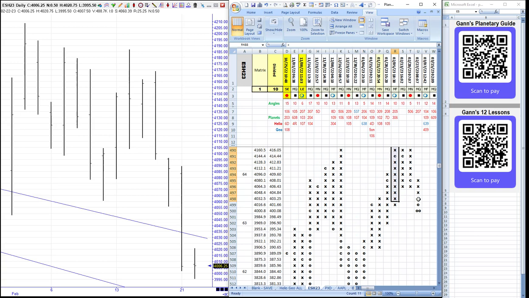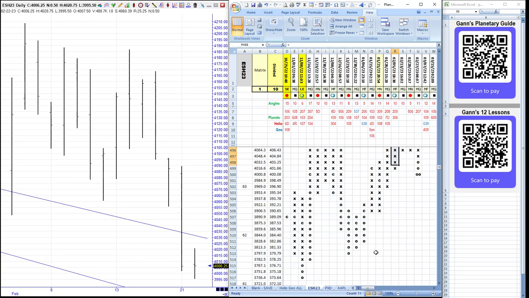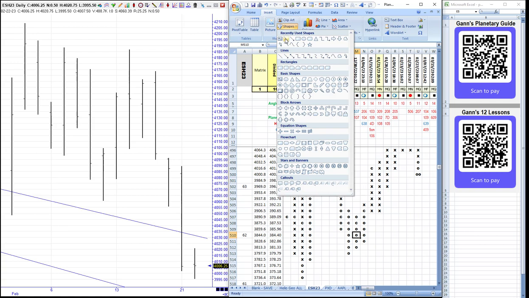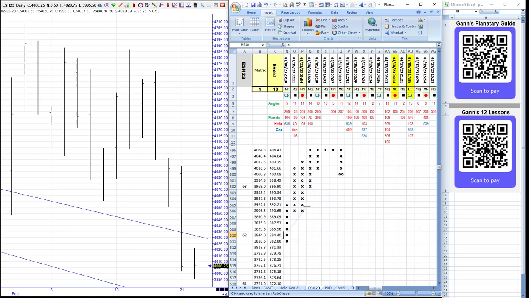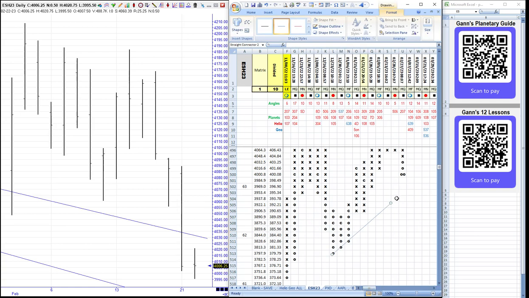So the trend did get violated this moon period, right? And you can draw a trend line on there if you want, from your Excel spreadsheet. I know it's a little hassle, but you can do it. Here's the 1-to-1 trend line. You can draw a 1-to-1 trend line, and that's important, right?